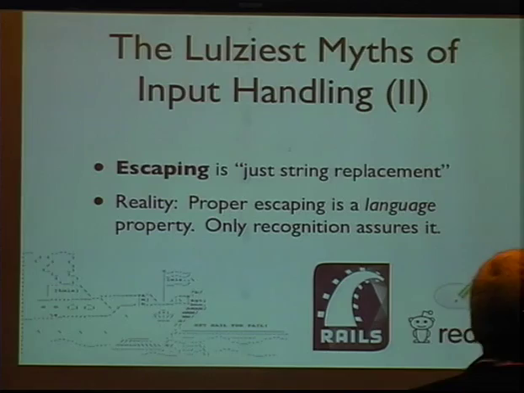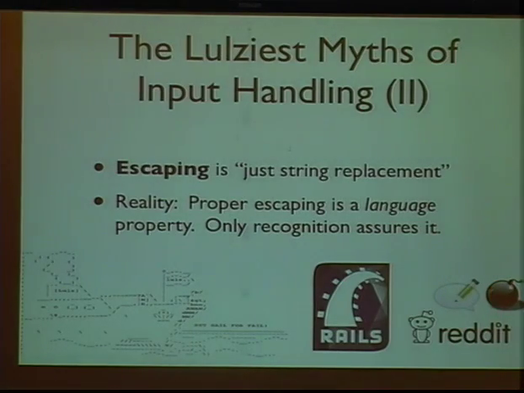So another variant of the same myth is that, oh, you can do escaping. Again, think about this. Your correctness assumptions are in fact assumptions of a language. Of a formal language, there is an automaton that should be able to recognize that formal language.